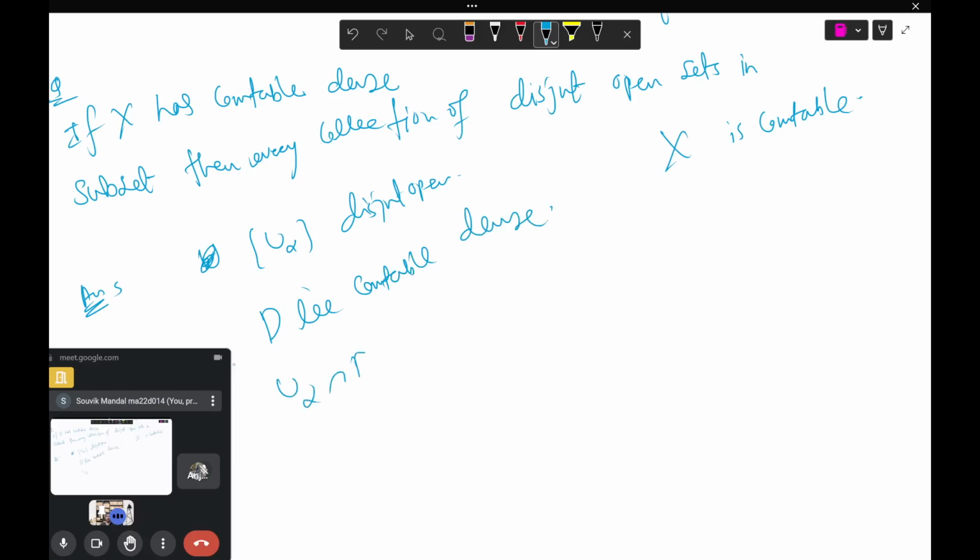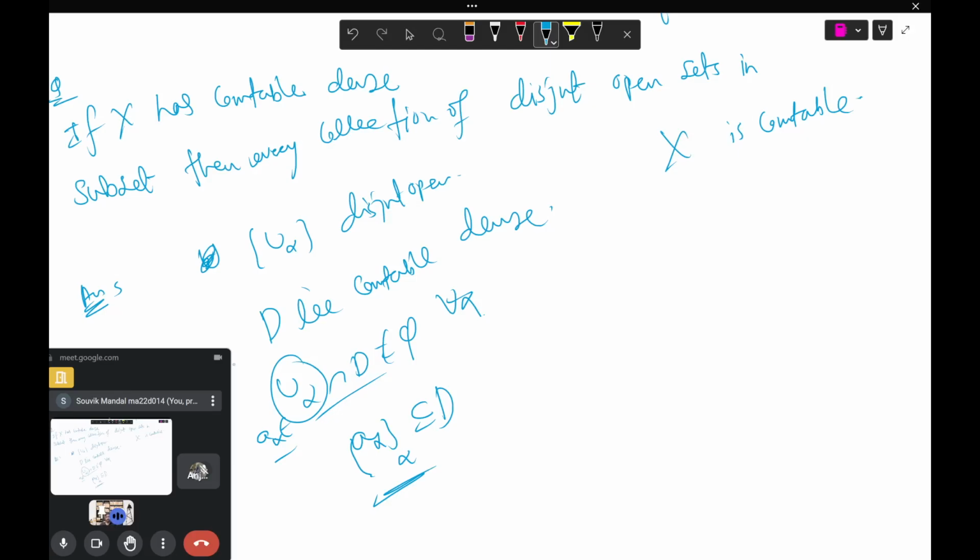So U alpha intersection D is non-empty for all alpha. Choose each element A alpha belonging to U alpha intersection D. Then these A alpha are contained inside D. Now if the collection U alpha is uncountable, then the collection of those A alphas is also uncountable, which contradicts the fact that D is countable. So the collection U alphas has to be countable.